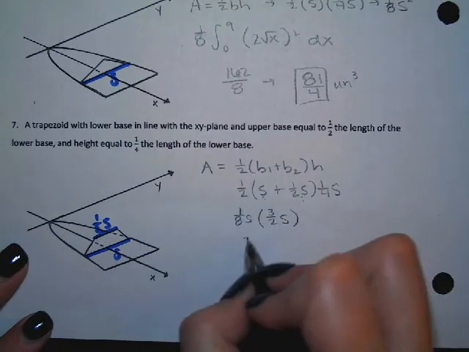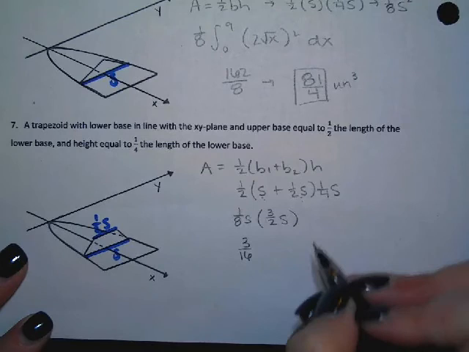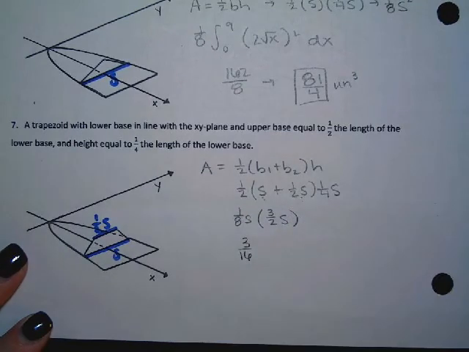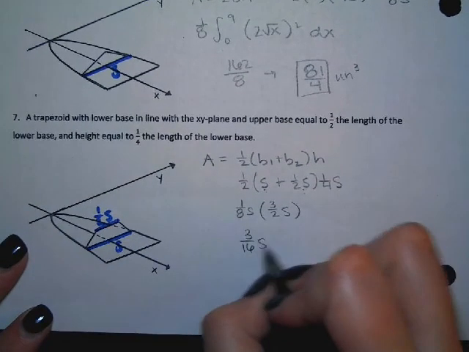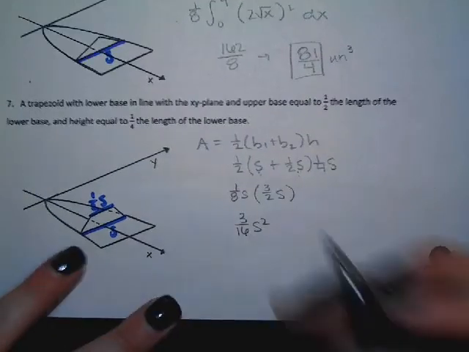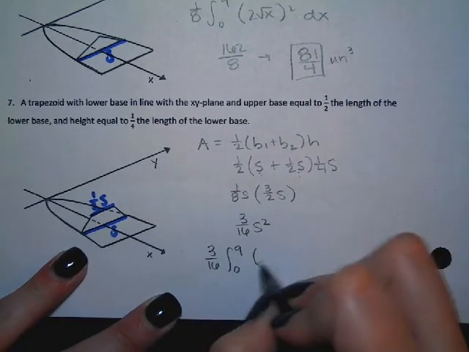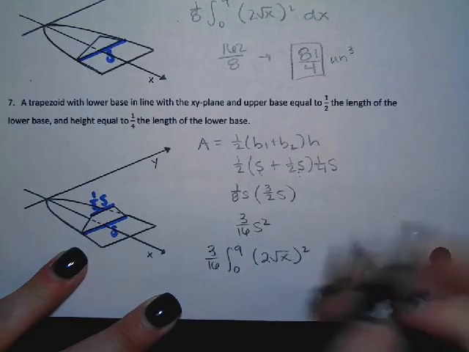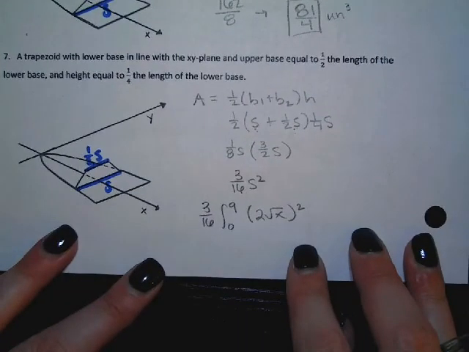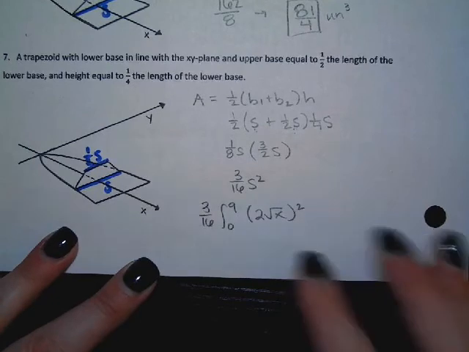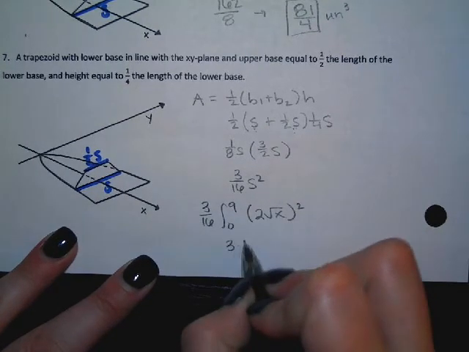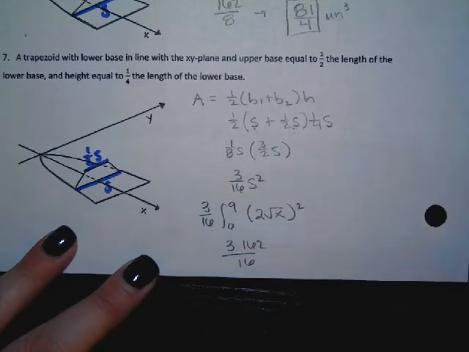So we have 3/16 S squared. So we've got 3 times 162 over 16.